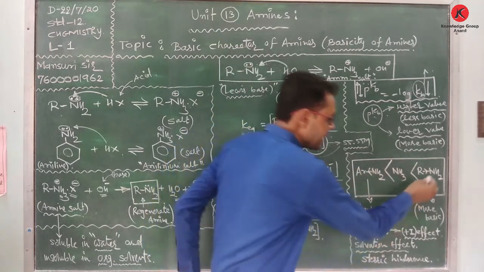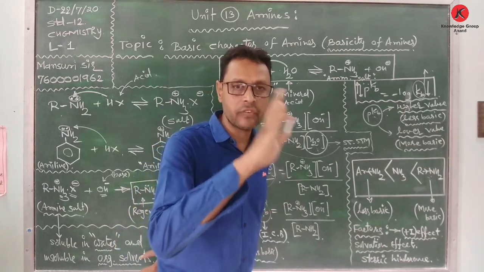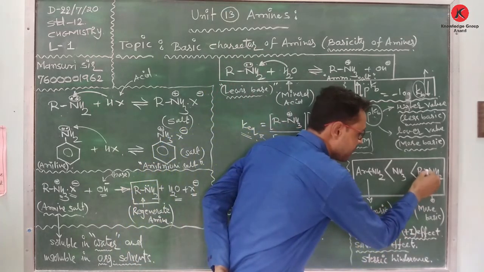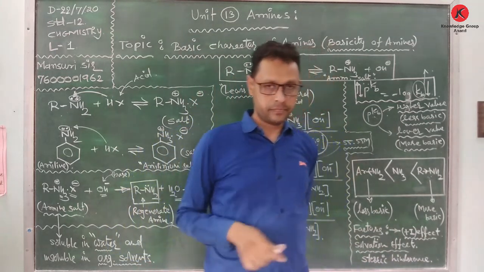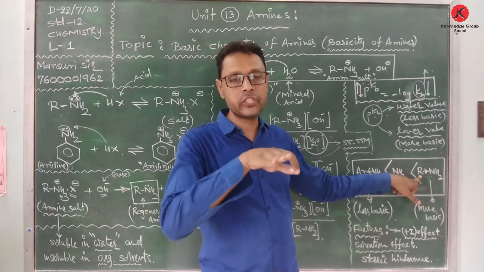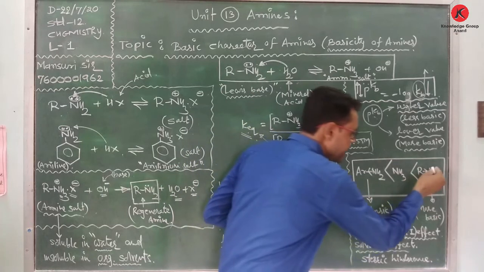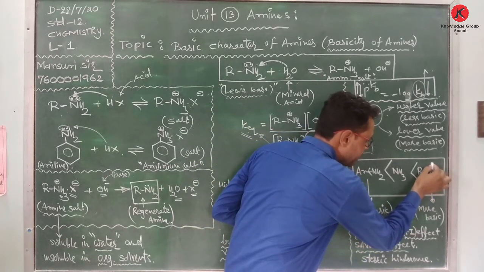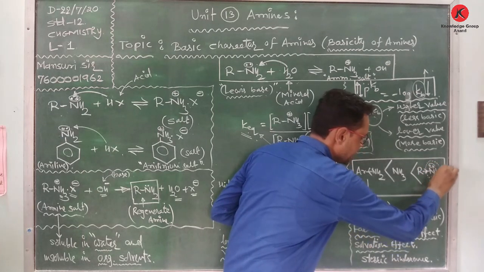Here, alkyl amine. Now, what is the nature of the alkyl group? The alkyl group has an electron donating nature, an electron releasing nature. That is why the electron density on nitrogen will be increased.